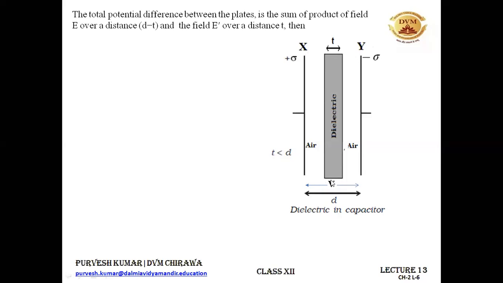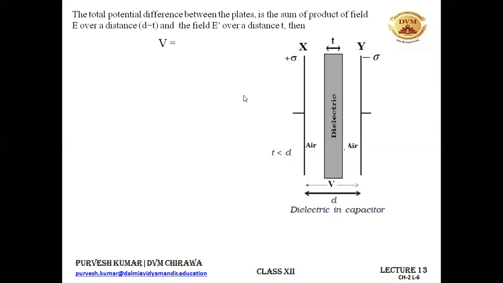But now this potential difference will be equal to the sum of two potentials. One is because of the electric field acting over the air space, and the second is the electric field present in the dielectric, and that electric field E dash is acting over t.